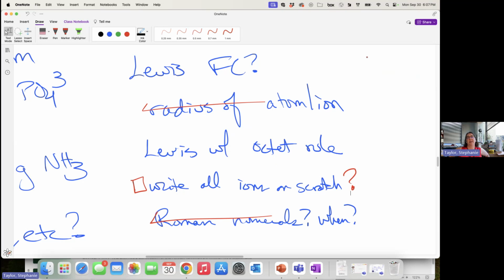Basically, if you could do this in like 3 minutes or less, then I'd say it's probably worth your time. If it's going to take you 10 minutes to write out all the polyatomic ions, that's an eighth of all your time. That's not worth it. So it really depends on how fast you are at writing and what kind of shorthand notation you've got. At the end of the day, it's your time.